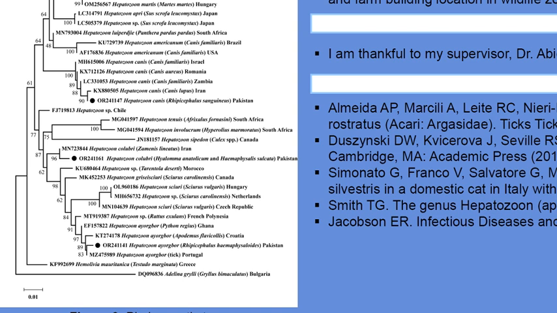Similarly, the Hepatozoon colibri was clustered with the same species from Iran, and finally the Hepatozoon aerorbur was clustered with corresponding species from Portugal, Croatia and Ghana.